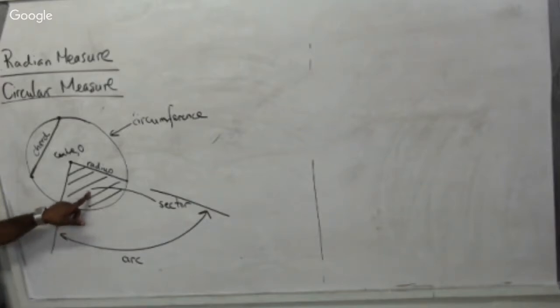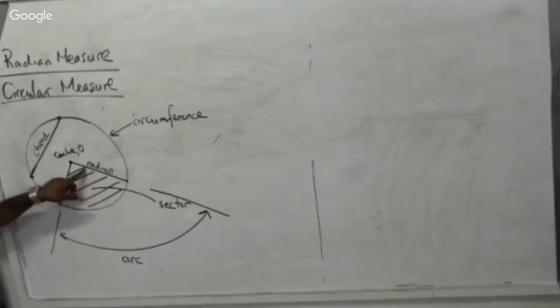This is the major, this is the minor sector: the one with the acute angle, and the one with the reflex angle, greater than 180 degrees but less than 360. That is called the major sector.